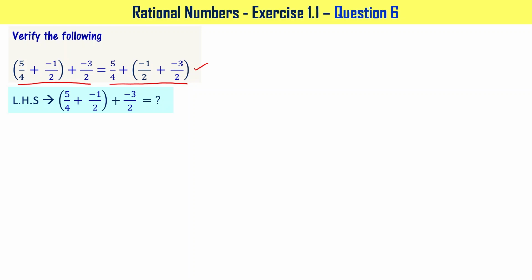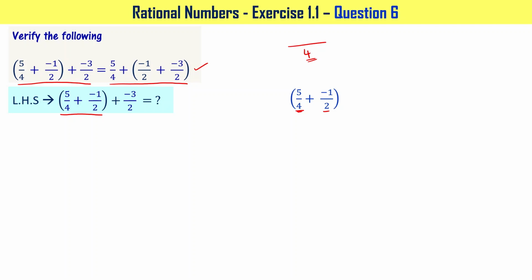Let's start with the addition of these two numbers, 5 by 4 plus minus half. As you see here, the LCM of 4 and 2 is 4, so the denominator is going to be 4. Now divide this 4 by this 4, and you get 1.